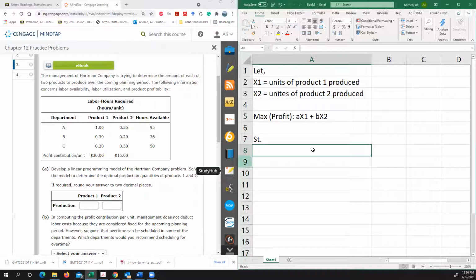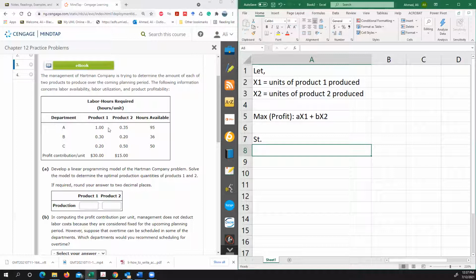The constraints are, we have these many hours per unit. So the department one, when they manufacture this product, they take 1 hour for product one and 0.35 hours for product two.